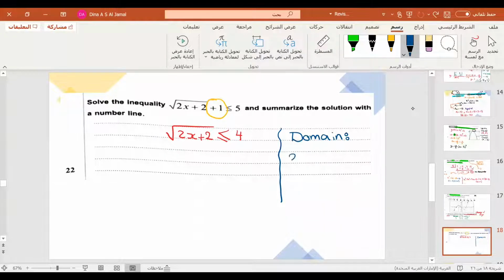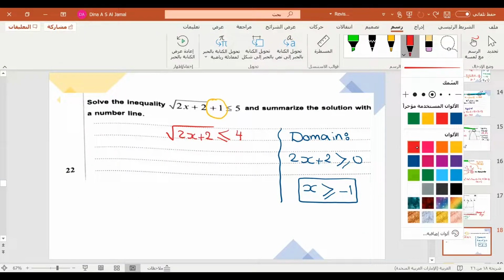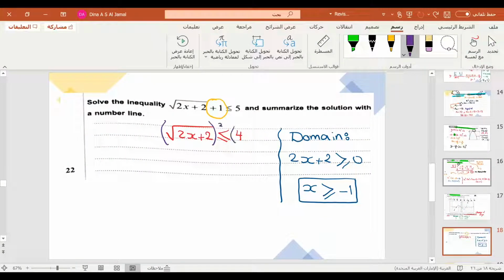I will be finding the domain: 2x plus 2 bigger than or equal to 0. And you will have x bigger than or equal to -1 after solving this inequality. Whenever you would like to solve such a question, you will be squaring both sides. And when you square it, you will get an absolute value, as I showed you in my previous video, less than or equal to 16, and you will have 2 cases to solve this.